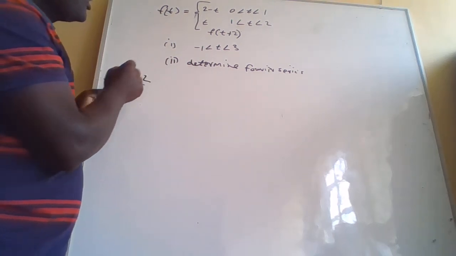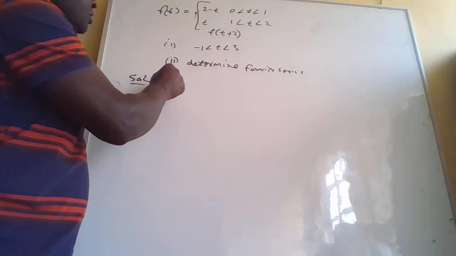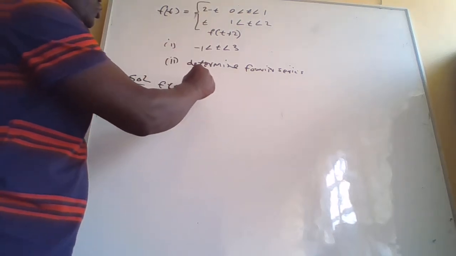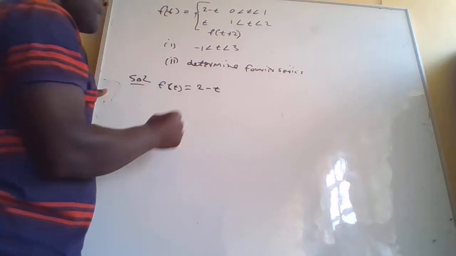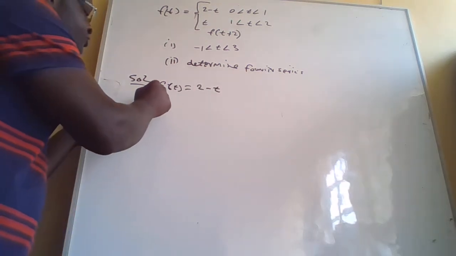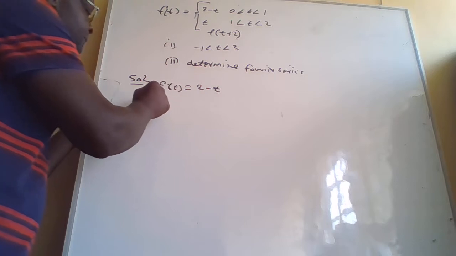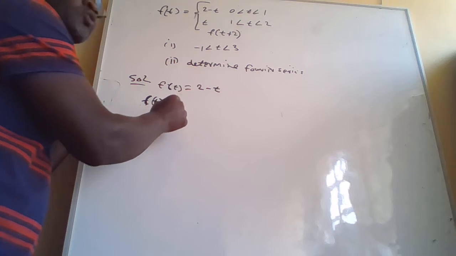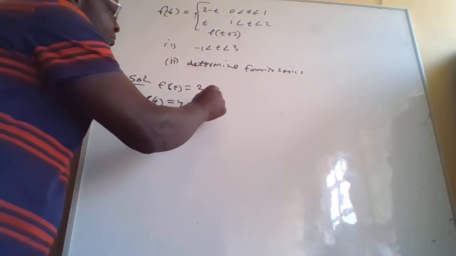Solution. So we have f of t equals 2 minus t. So we can say that f of t, y equals 2 minus t.